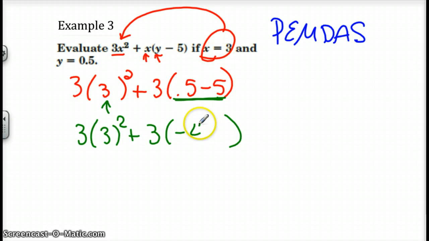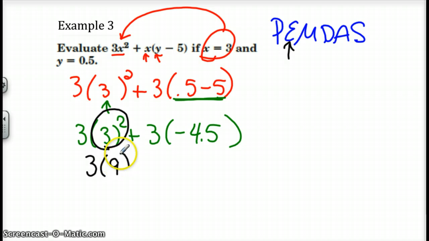That's a negative 4.5. Okay, now I'm on to exponents. Here's my exponents. So that's the next thing I need to take care of. 3 times 9 plus 3 times a negative 4 and 5/10, or 4.5.